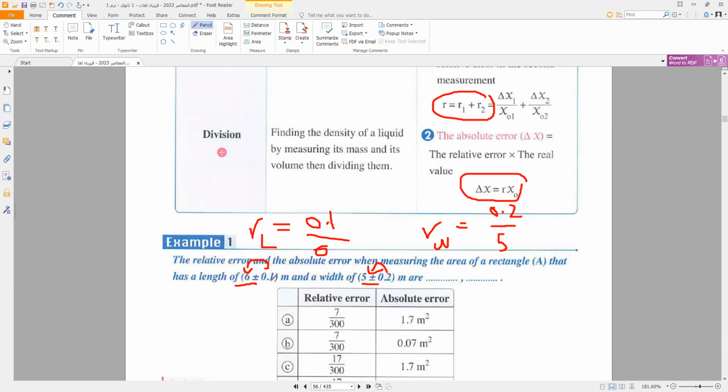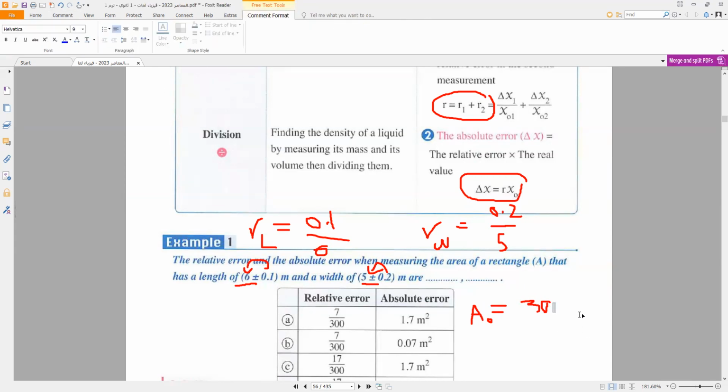A naught here equals L naught times W naught, equals 6 times 5, equals 30 meter squared.